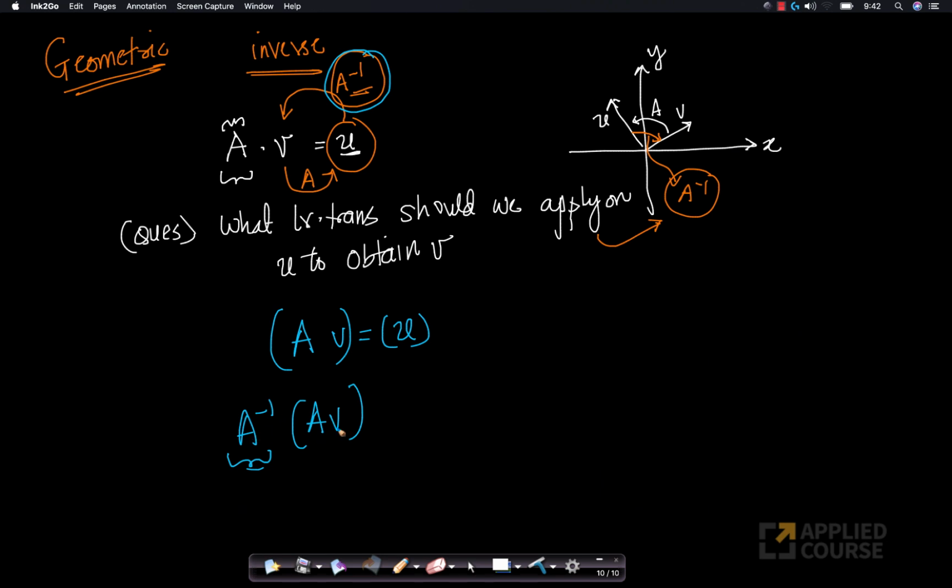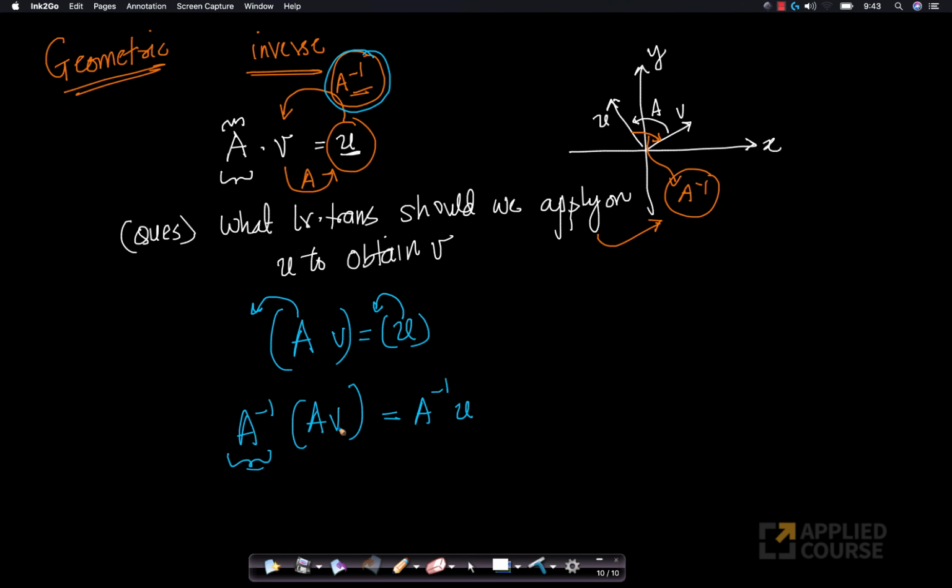Okay, so you have A inverse AV equals A inverse U, right? Remember, I'm pre-multiplying this with A inverse, and I'm also pre-multiplying this with A inverse.